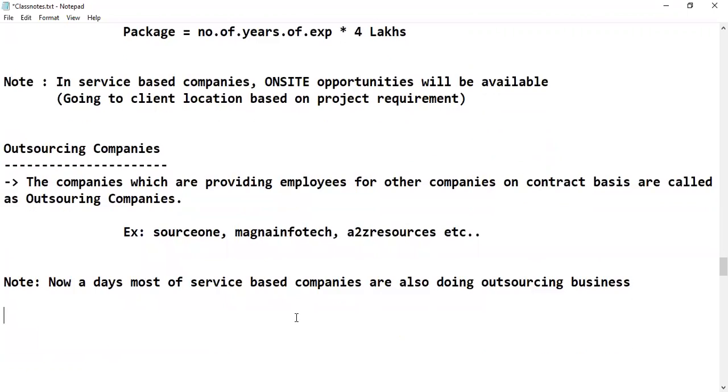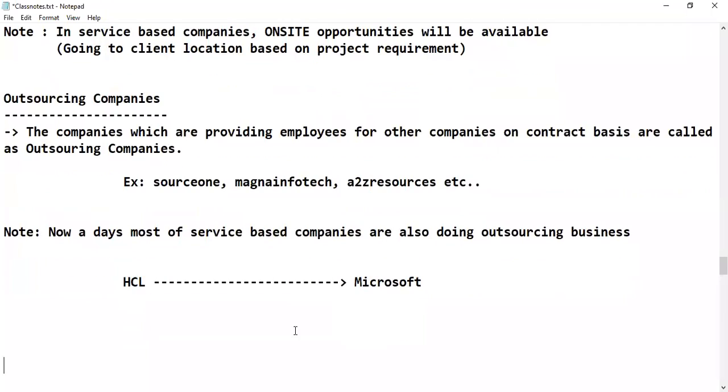For example, HCL is doing outsourcing for Microsoft. Capgemini is doing outsourcing for Oracle, and internally they are also doing their own work.